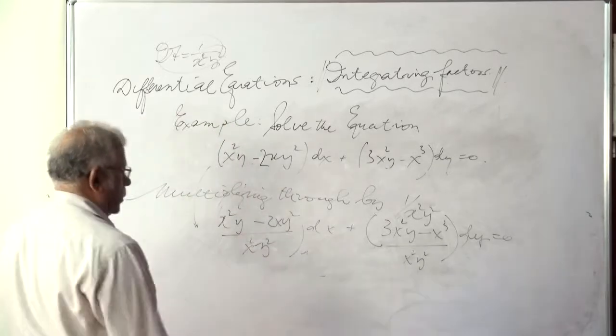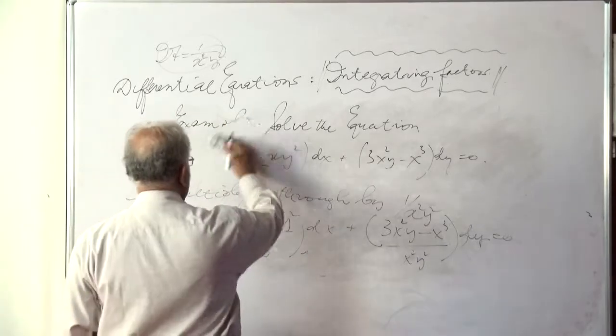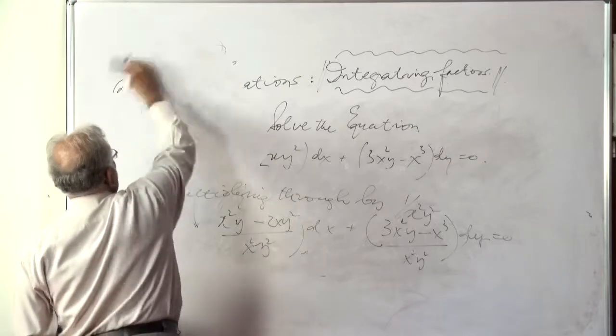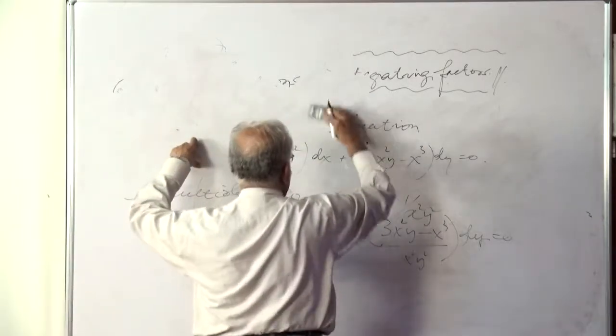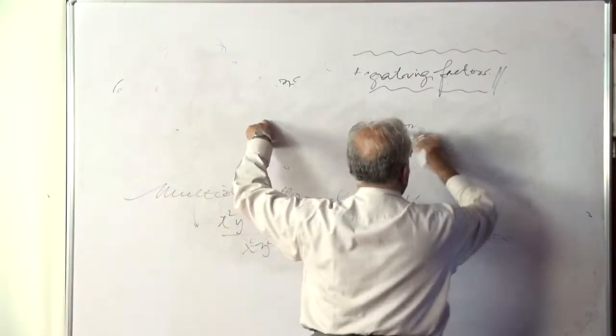If we rub out what we have on top, we will get the simplified result right on top, and then we will perform the integration.